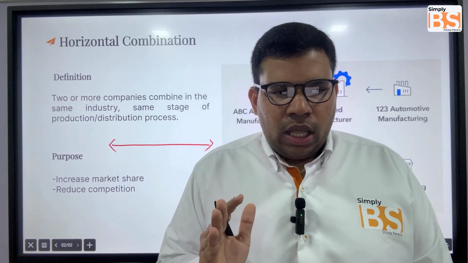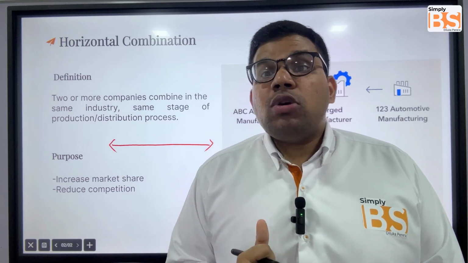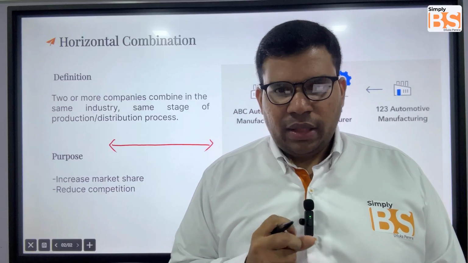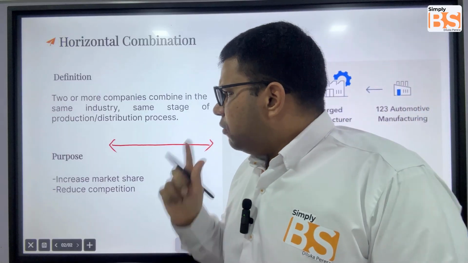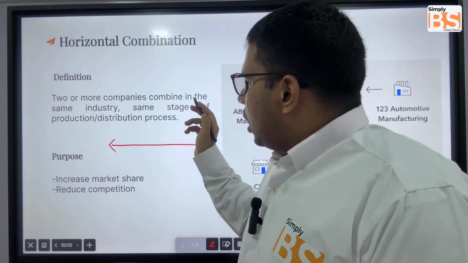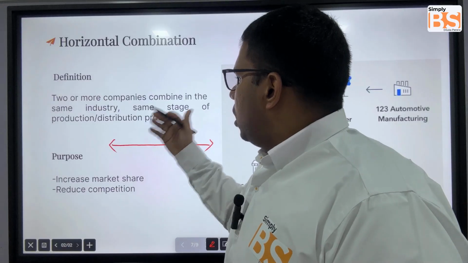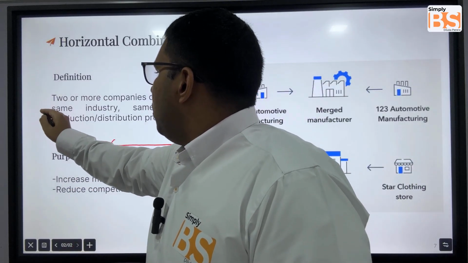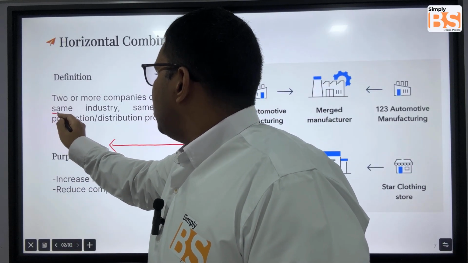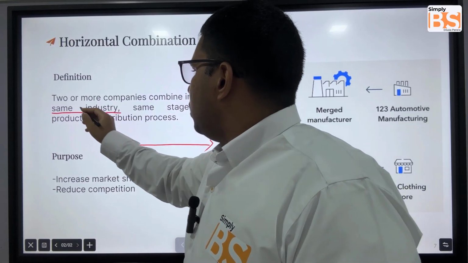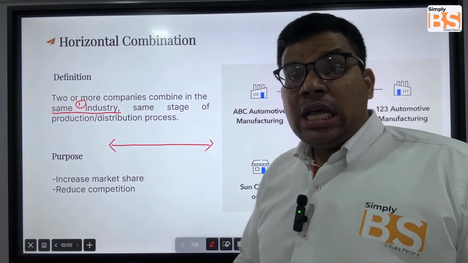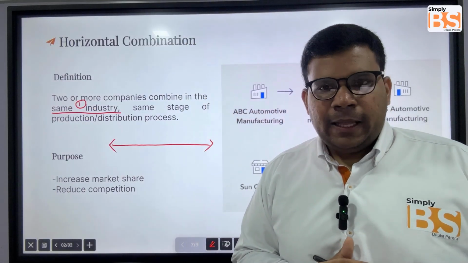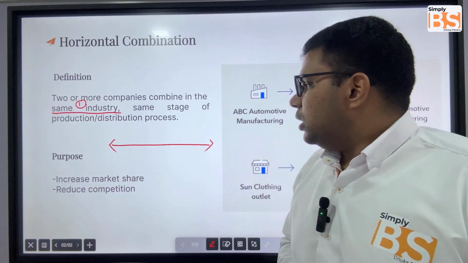But there are two conditions that you need to fulfill. The first condition is that the companies who are combining together should be from the same industry. This is the first condition. Then what is the second condition?